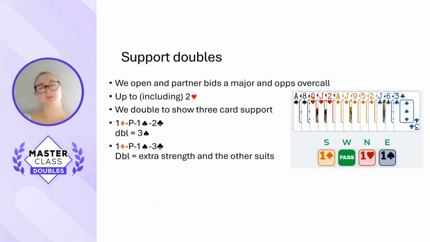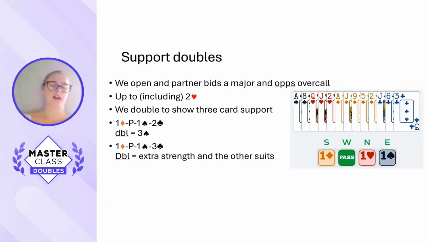However, if opponents are bidding on a higher level, we have to be more careful because we don't want to force partner to bid. So let's say it goes a diamond, pass, a spade, 3 clubs. Now the double is showing extra strength. It's not a support double anymore because it's over 2 hearts.